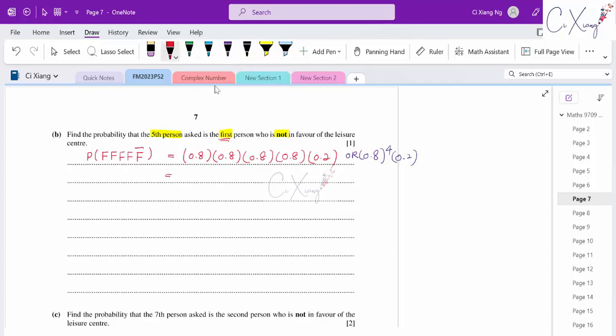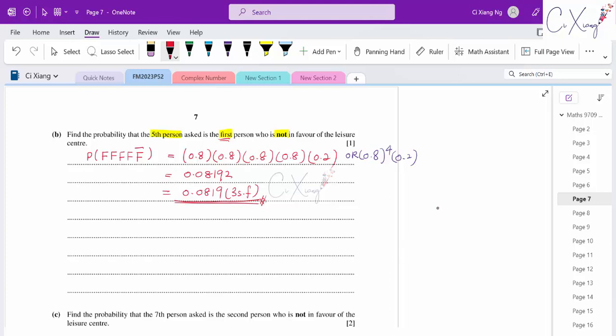When we simplify this answer, we should have 0.08192. And if I correct it to three significant figures, then I will have 0.0819. So this is how we answer part B.